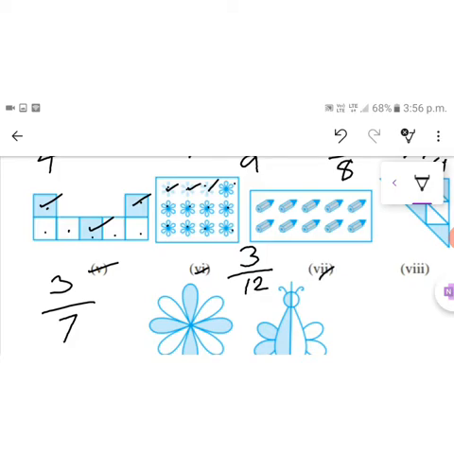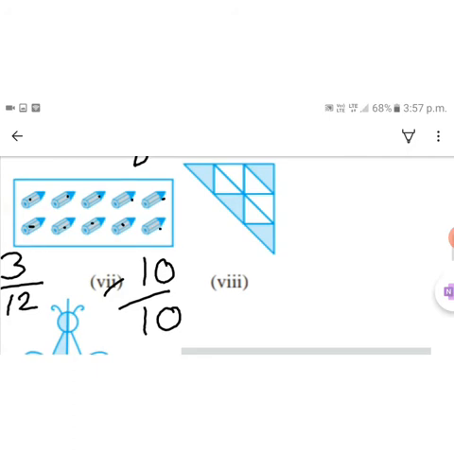Seventh one. Here the total number of shapes is 1, 2, 3, 4, 5, 6, 7, 8, 9, 10. Number of shaded shapes is also 10. So therefore the fraction is 10 by 10. Eighth one.